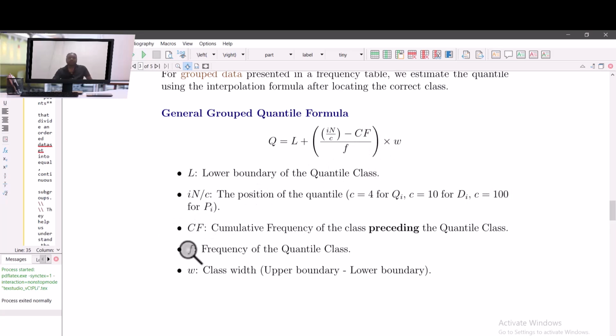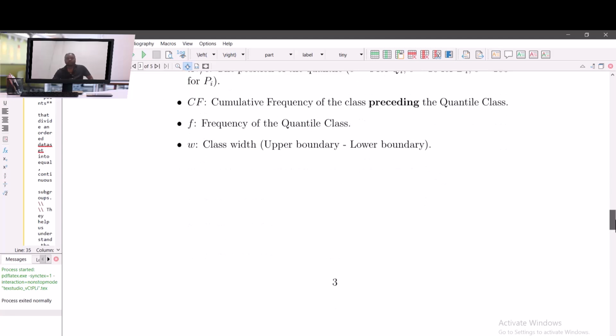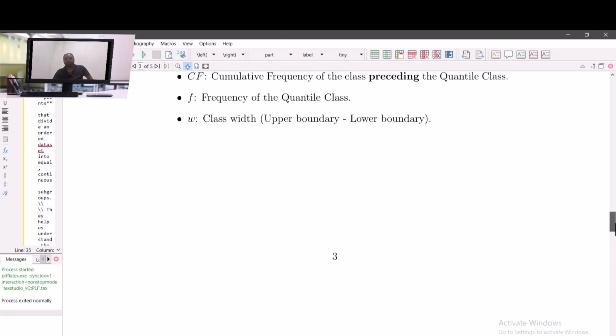CF is the cumulative frequency of the class preceding the quantile class. It is the less-than type cumulative frequency. F is the frequency of the quantile class, and W is the class width, which is the difference between the upper boundary and lower boundary.